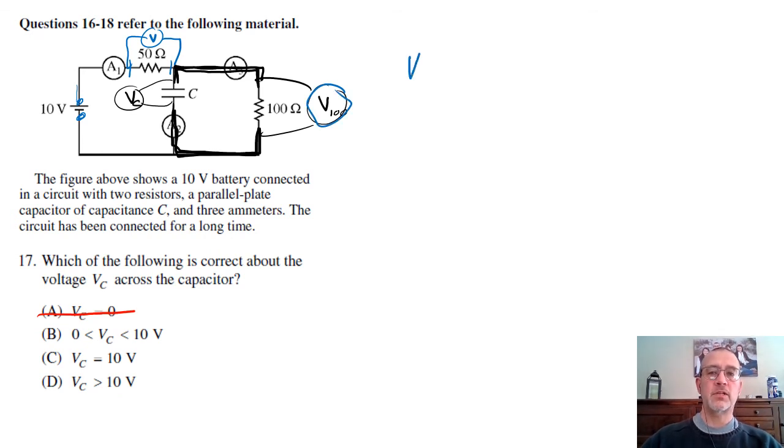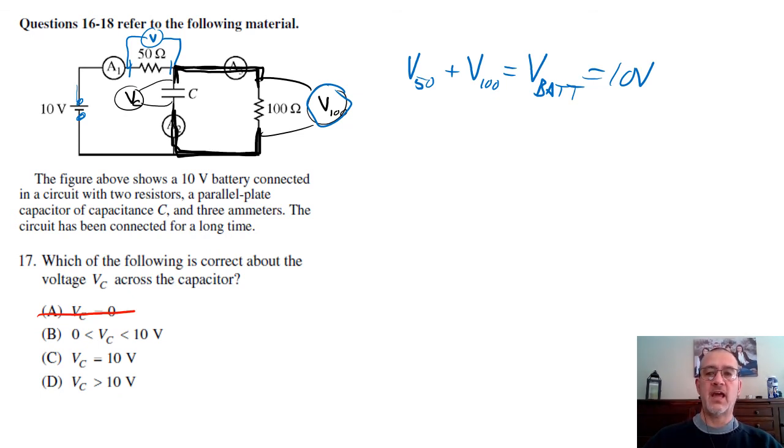So what I know is that the voltage across the 50 ohm resistor plus the voltage across the 100 ohm resistor is going to equal the voltage of the battery. And so since the voltage of the battery is 10 volts, the voltage across the 50 and the voltage across the 100 are going to add up to 10 volts. Now, we already determined that the voltage across the capacitor is the same as the voltage across the 100. So the voltage across the 50 plus the voltage across the capacitor is going to equal 10 volts. And therefore, the voltage of the capacitor is going to be somewhere between 0 and 10 volts. So answer B is looking pretty good right now.